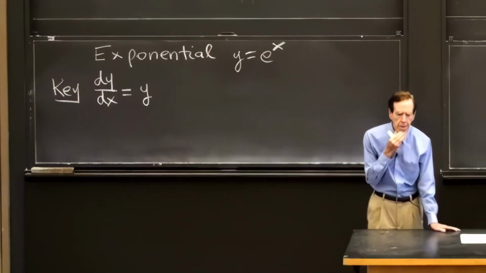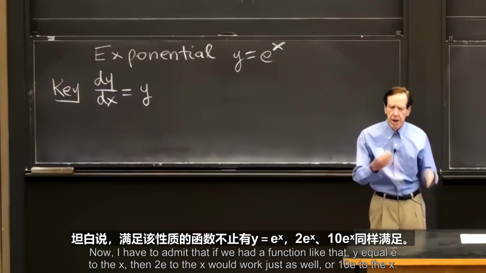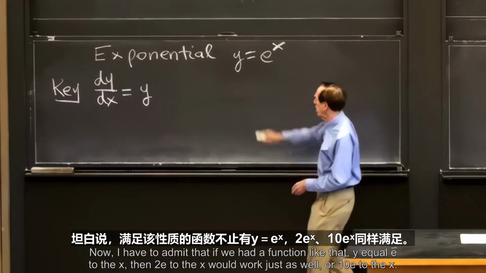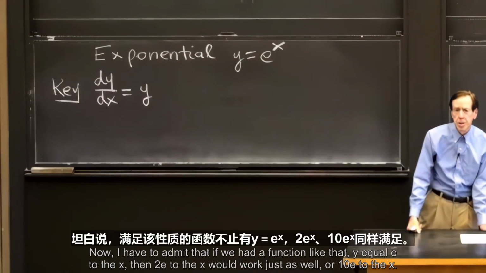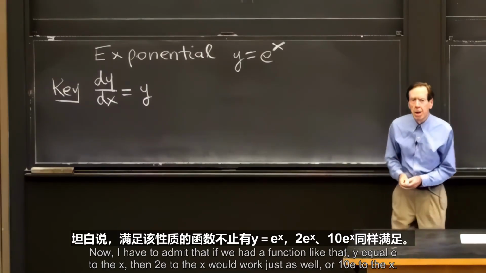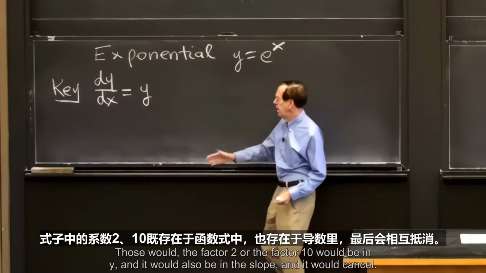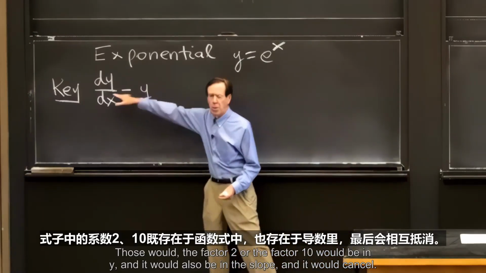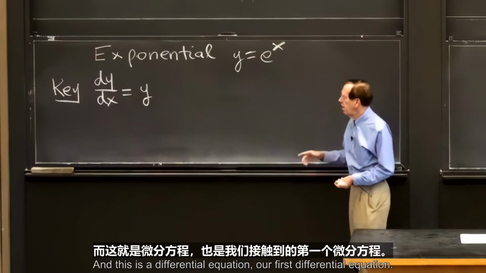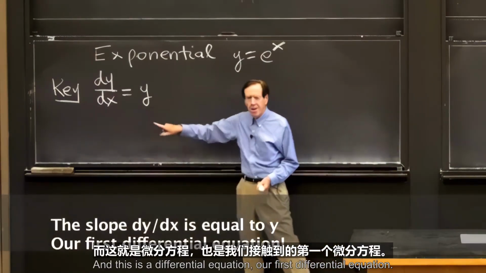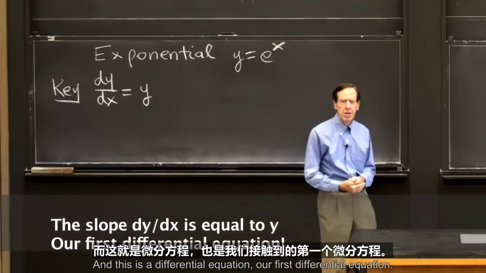Now, I have to admit that if we had a function like that, y equal e to the x, then 2e to the x would work just as well, or 10e to the x. The factor 2 or the factor 10 would be in y, and it would also be in the slope, and it would cancel. And this is a differential equation, our first differential equation.